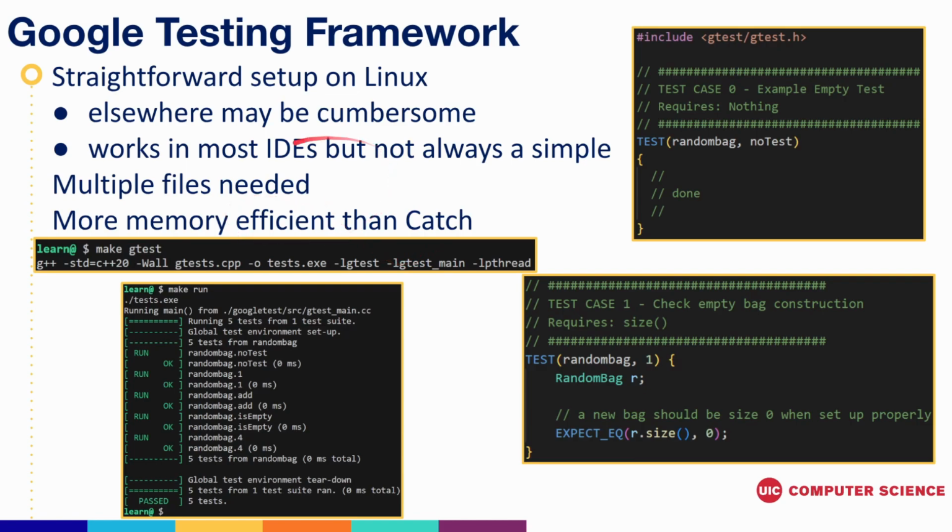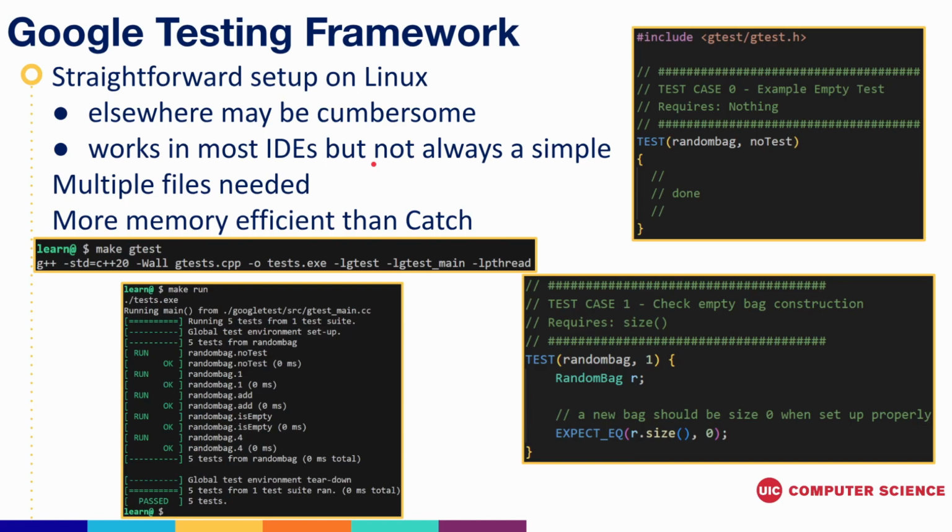So it's cumbersome to install unless you have Linux, or you are working in the Windows Subsystem for Linux, WSL, on Windows. So otherwise, for Macs and for Windows, it's harder to install, and it can be cumbersome.